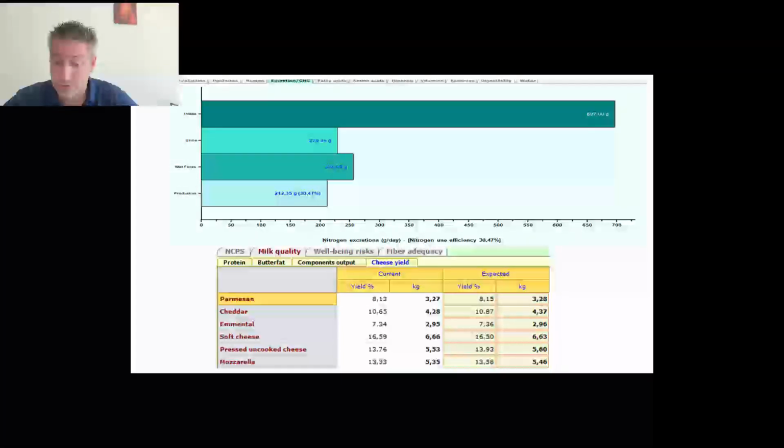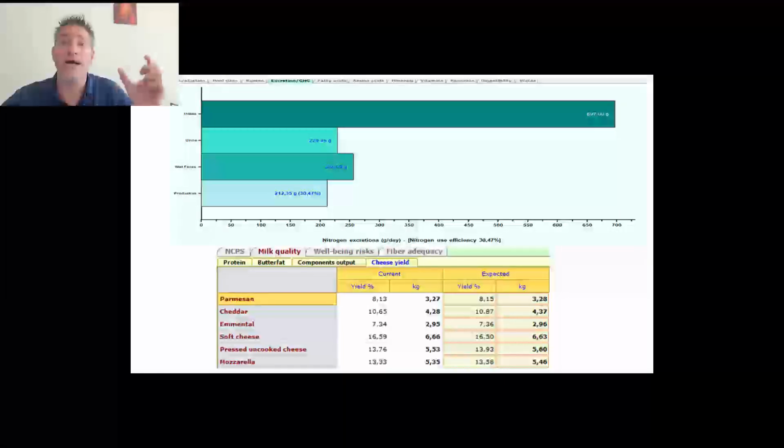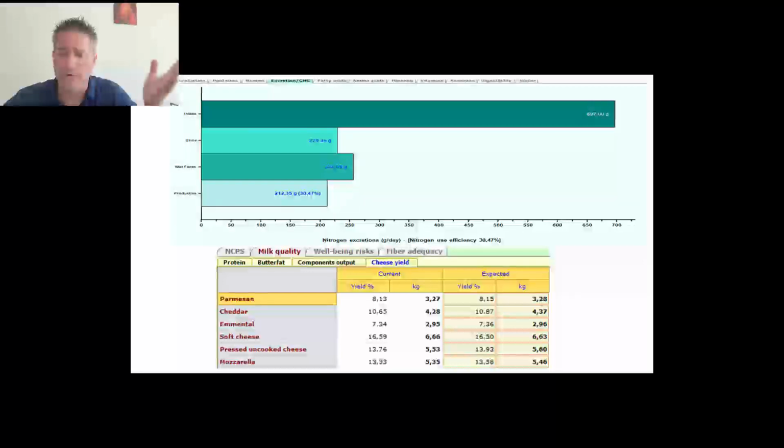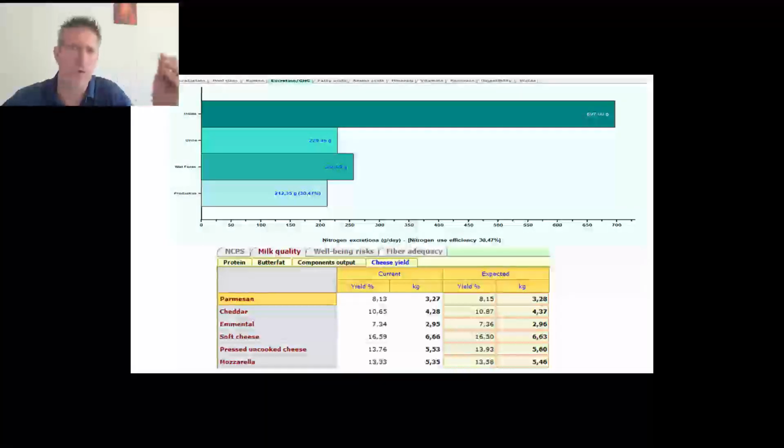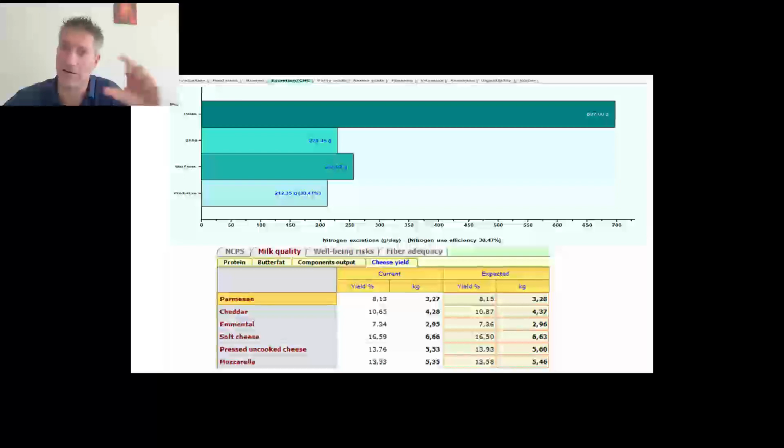In this slide we also see that with one cow producing 40 liters of milk, we have different yields in terms of milk attitude to produce cheeses. Parmesan cheese has 8% of yield, so it means that with one cow we produce 3.27 kilograms of Parmesan cheese per day.